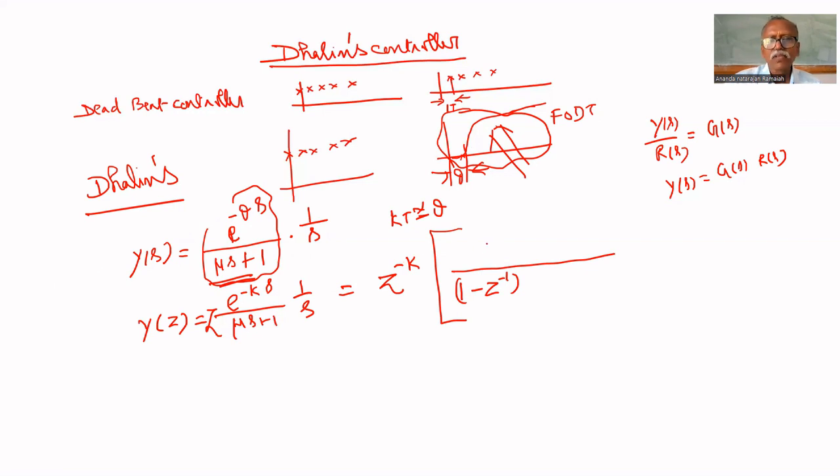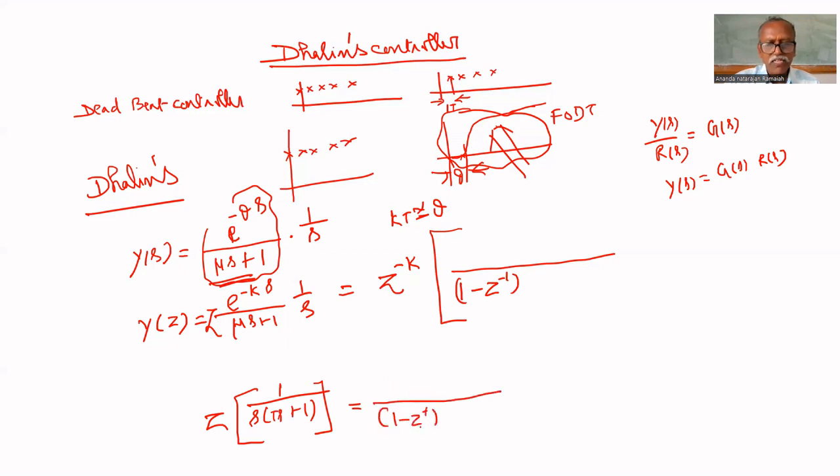We know the z transform of 1 by s multiplied by tau s plus 1. What is that? In the denominator, you will have 1 minus z power minus 1, and in the numerator 1 minus e power minus 1 by tau z power minus 1, divided by 1 minus e power minus 1 by tau z power minus 1.